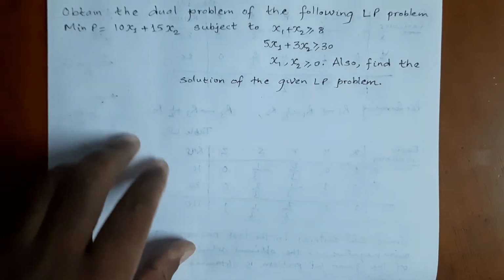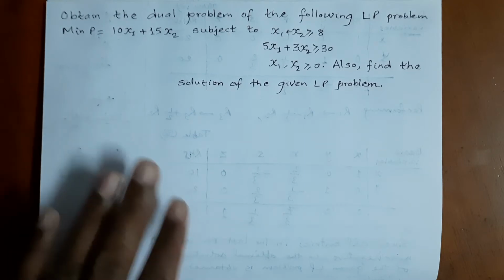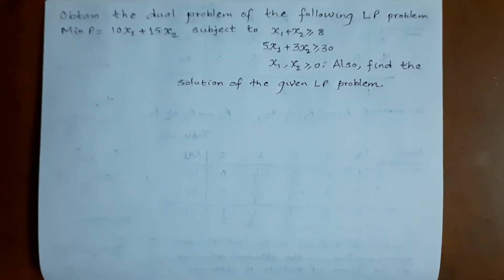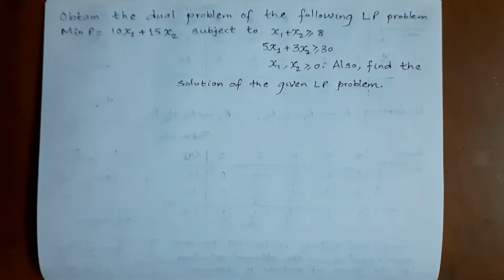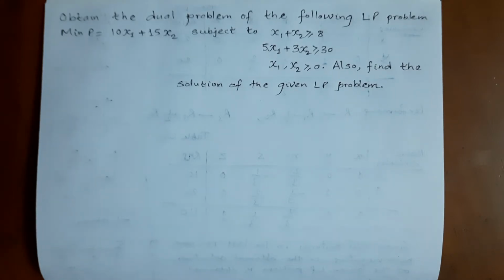Okay, so this minimum value of the objective function problem is same as the maximum value of another objective function related to the same data.